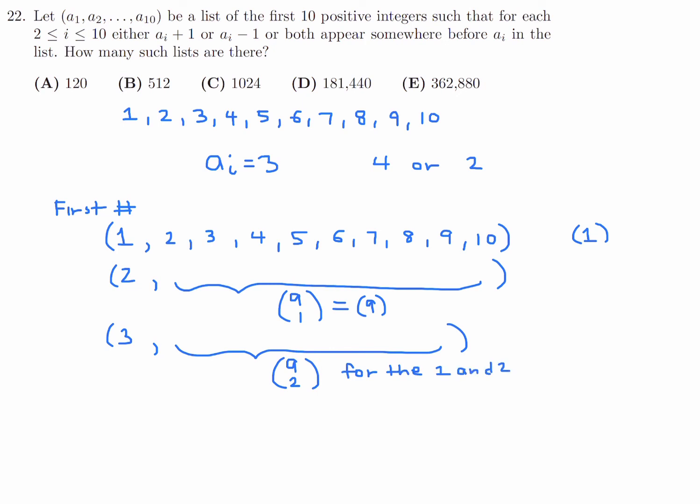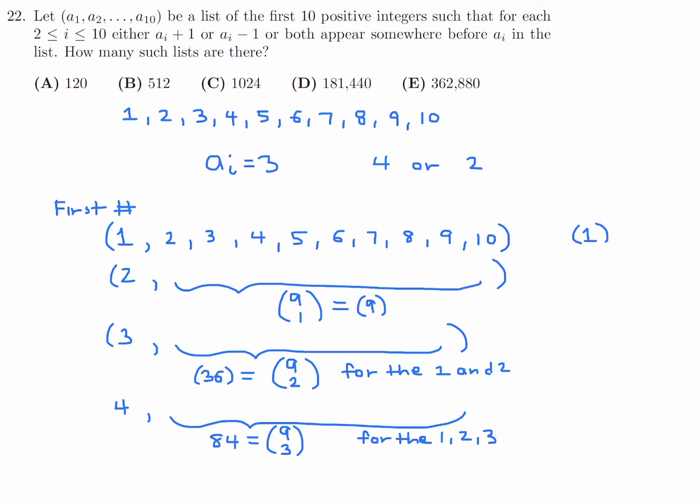And 9 choose 2 is equal to 36. If the first number is 4, in a very similar way, in the remaining 9 numbers, I've got to place the 1, 2, and 3. And from 9, therefore, I've got to choose 3 slots for those 3 numbers. And that's 84. And then you just keep doing this.